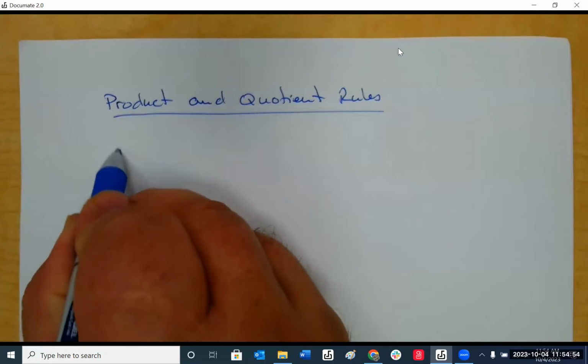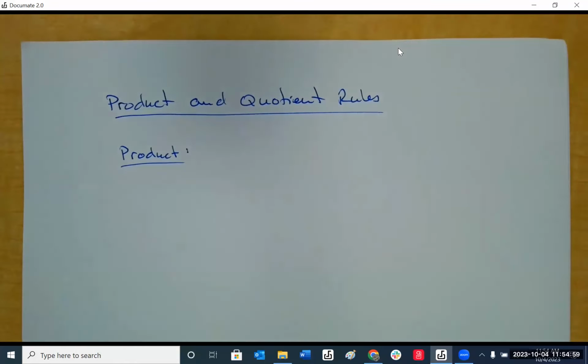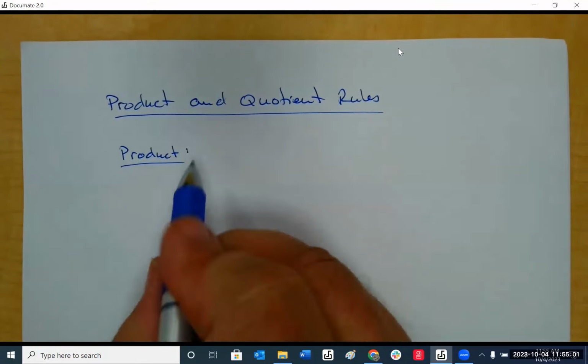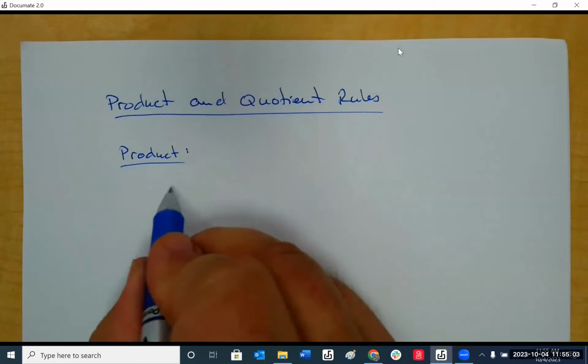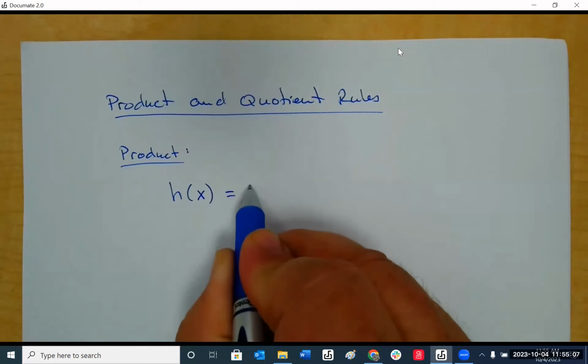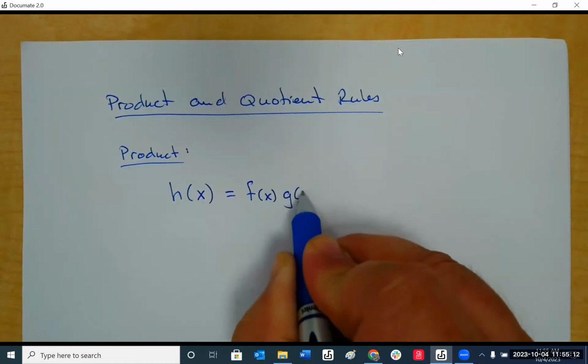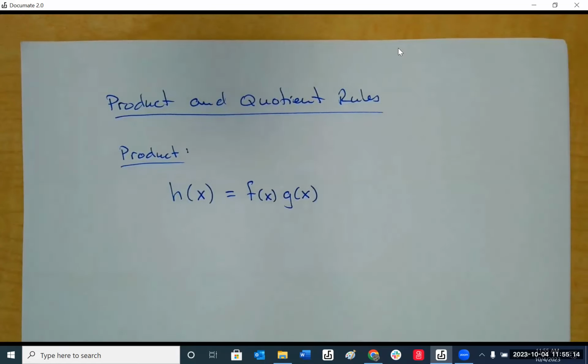Let's look at the product first. Let's say that we have a function h of x. It's made up of a product of two other functions, f of x times g of x.